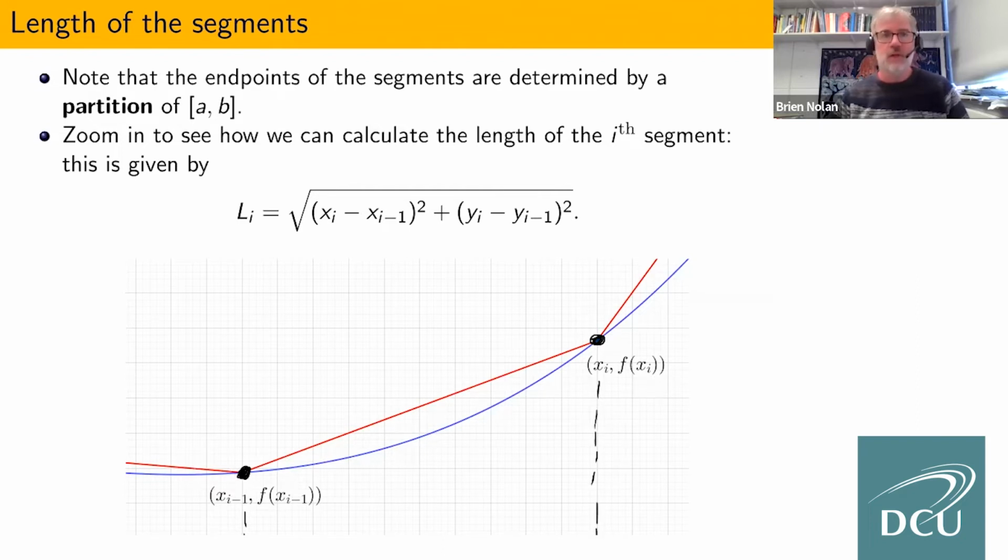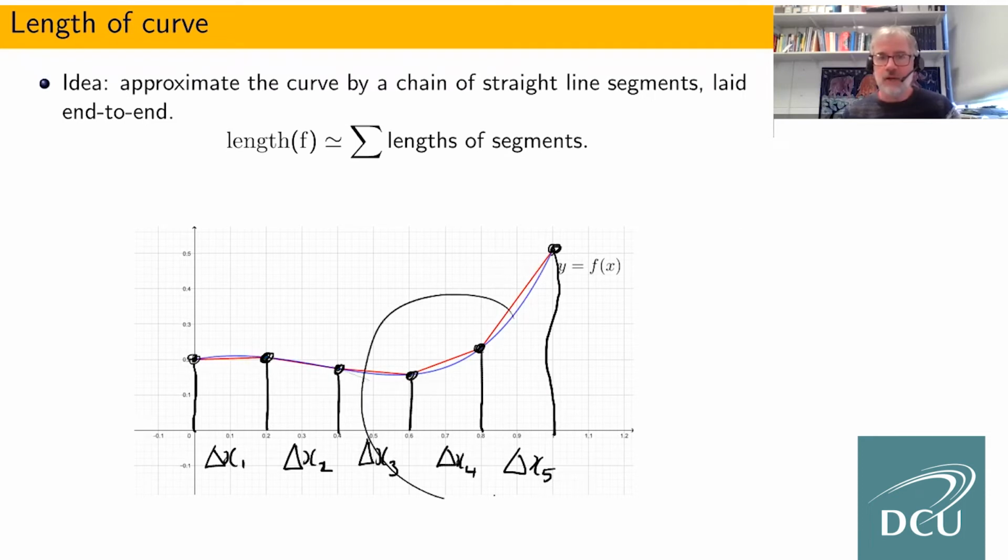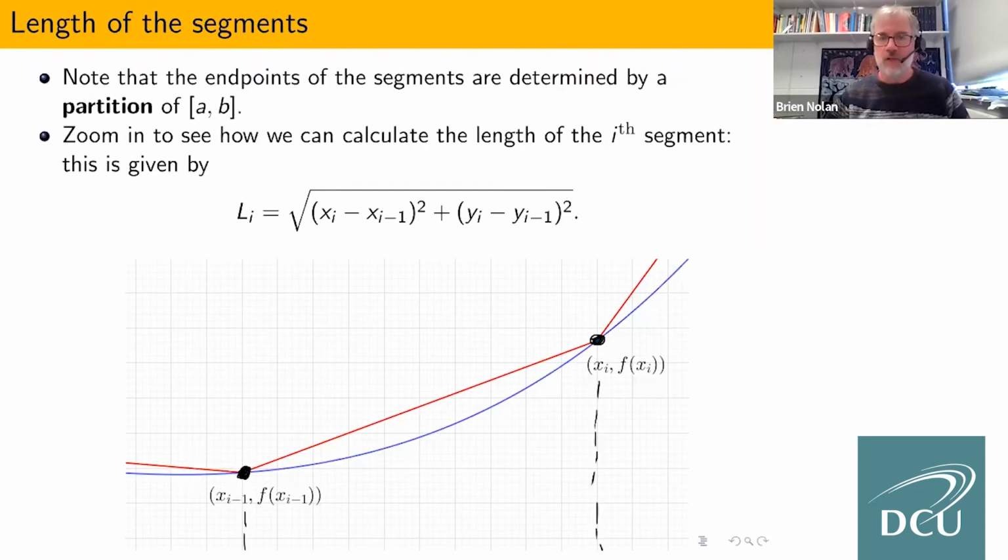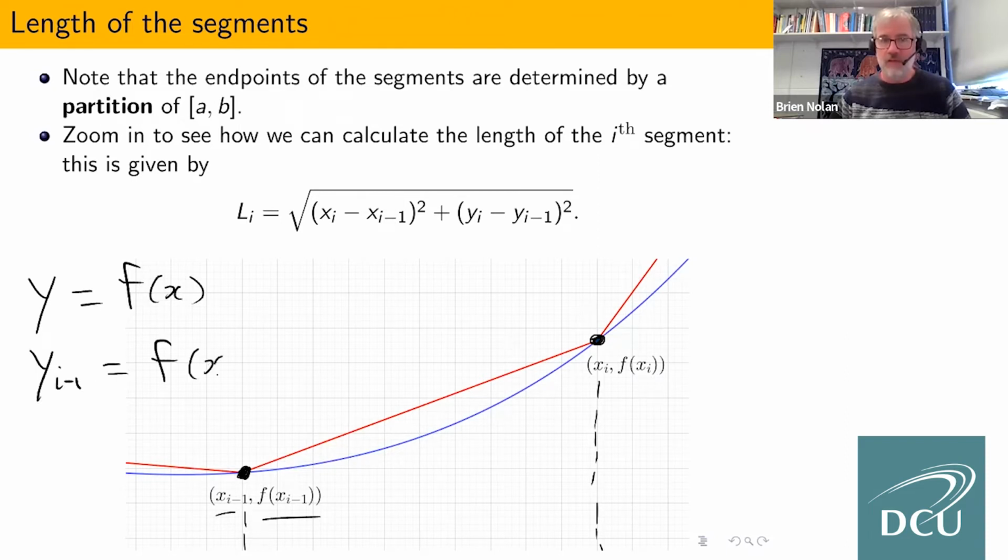I'm zooming in on the graph, with endpoints of the interval x_{i-1} and x_i. The x coordinate of this point is x_{i-1}, and since we're looking at the graph y equals f of x, the y coordinate must be f of x_{i-1}. And the y coordinate over here must be y_i equals f of x_i.